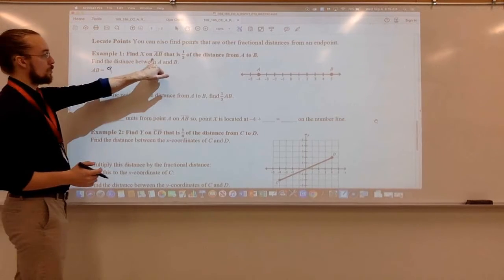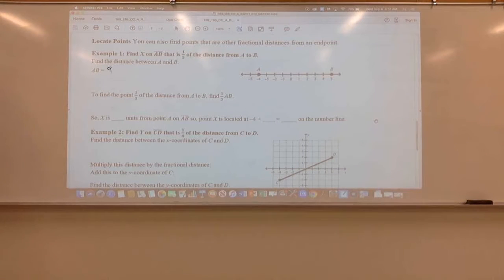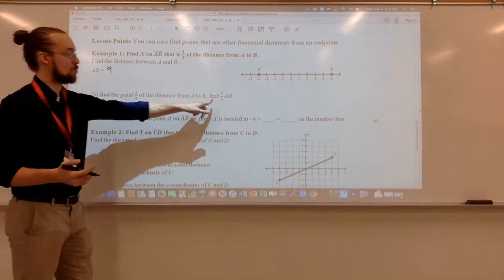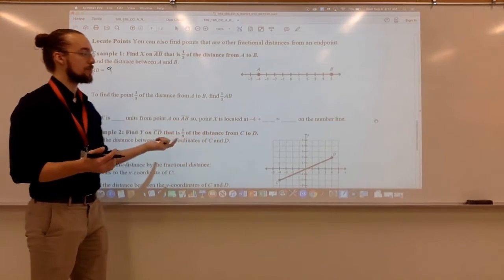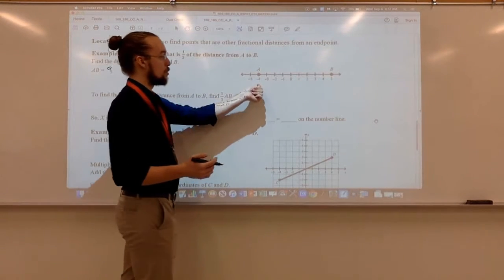So now, the question says, find some point x that is 1/3 of the distance from A to B. If I know the total distance is 9, what's 1/3 of that distance? 3, right? So we just take 1/3 of that total distance. Now we know that A is at -4.